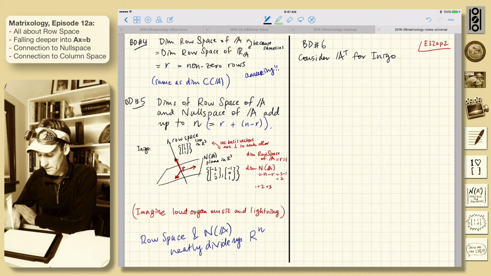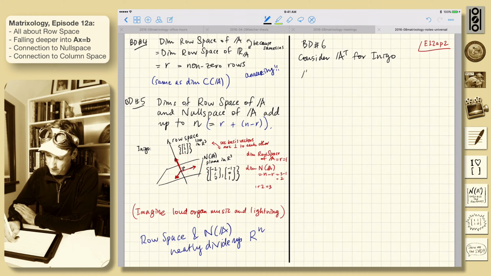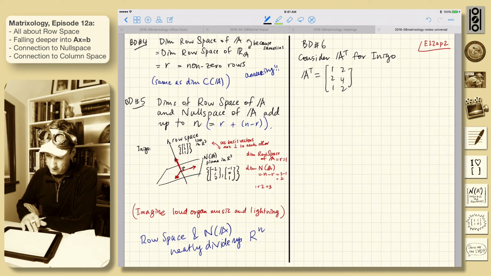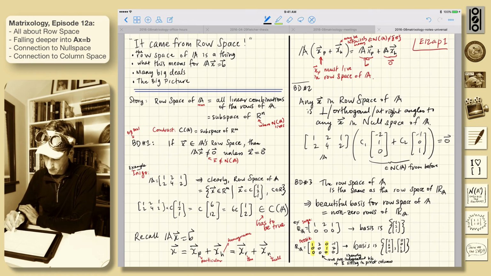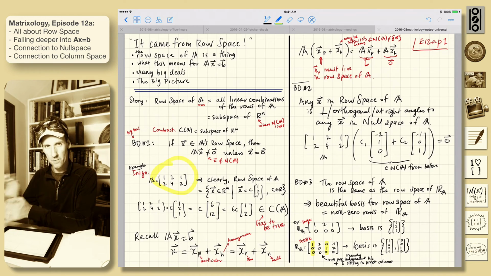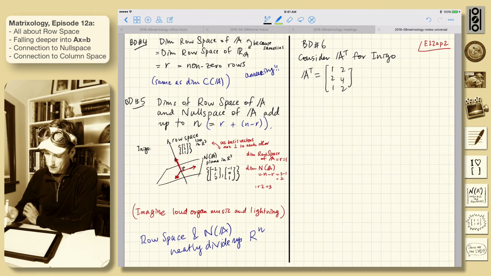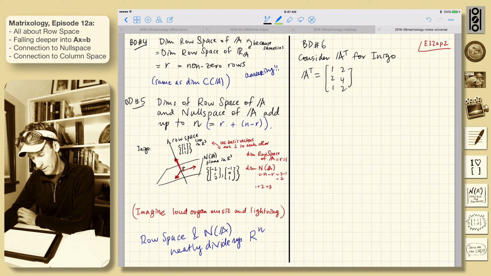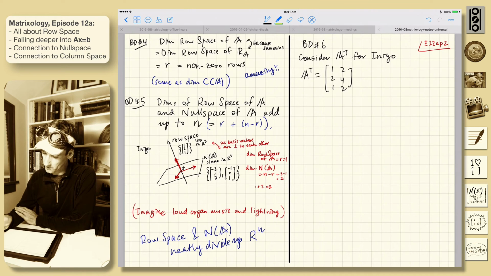So we do that, right? Now we've got this. A transpose is, we'll just swap: 1, 2, 1, 2, 4, 2. Just take the transpose, flip. Well, now the column space is the row space and the row space becomes the column space.